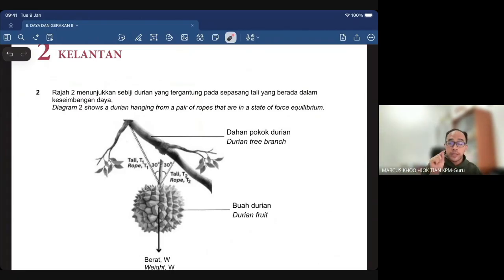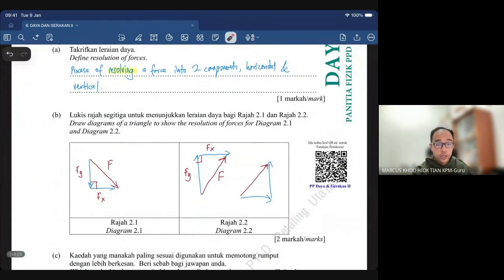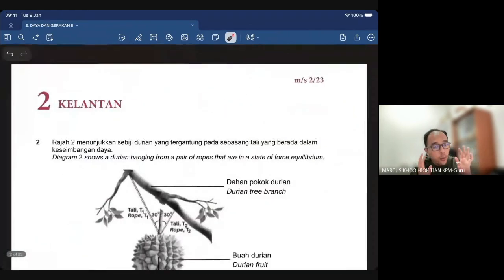There is a very main difference because both these subtopics talk about a triangle, except that both triangles look the same but are drawn differently. So I want you to be very aware that the equilibrium triangle is not the same as the resultant force triangle. This is a resolution of forces triangle. The one that we're about to see is the equilibrium triangle, which is a different subtopic altogether.